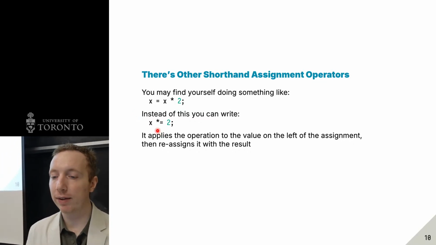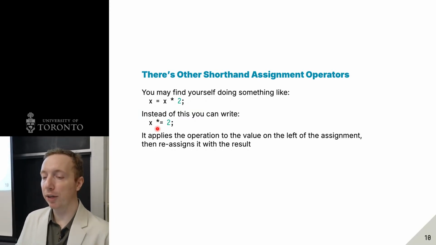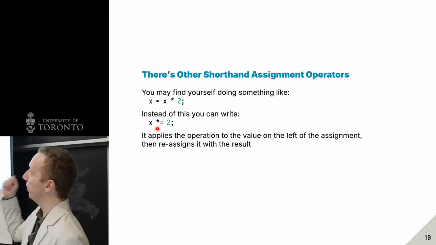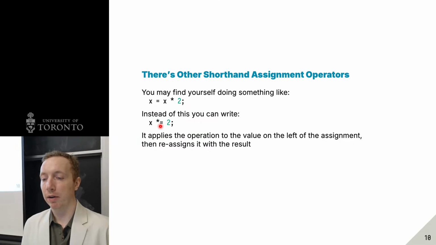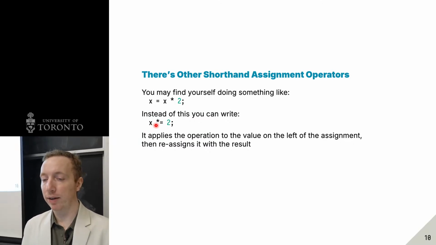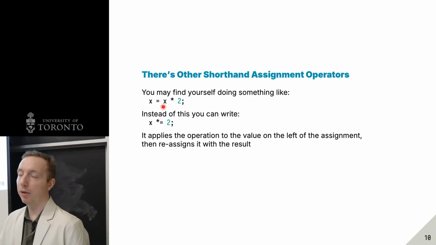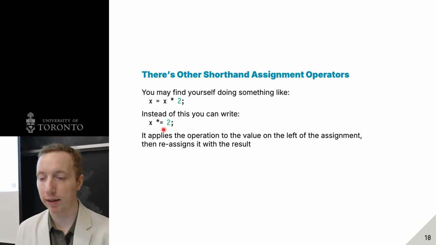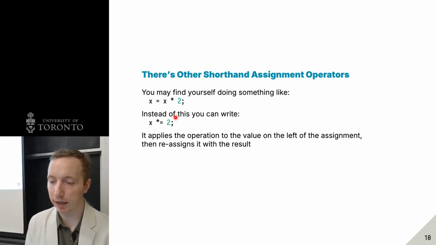I can technically write x multiplication equals 2. What that will do is exactly the same thing. Basically, it will take this x and put it on the left-hand side and multiply that by whatever is on the right-hand side of the equal, and do the exact same thing as the line above.